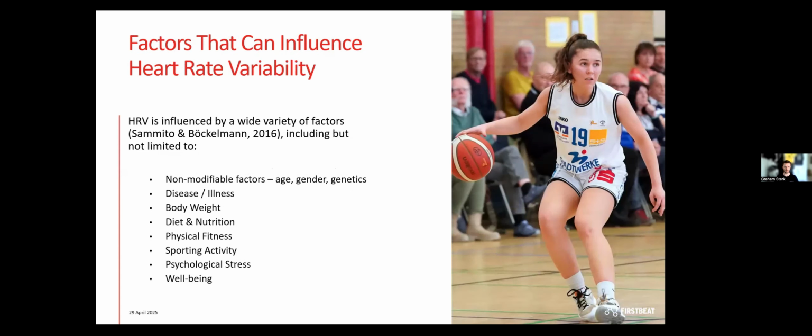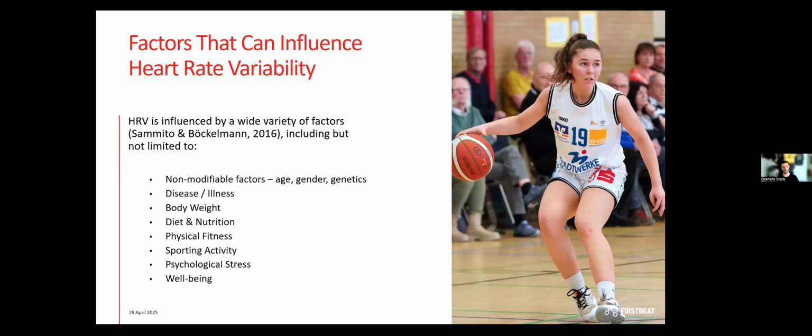As I've already touched upon on the previous slide, there are a lot of factors that can influence heart rate variability, and that's sometimes what makes it seem a bit daunting to use, because it isn't just the physical activity side. It is influenced by an individual's genetics, and also what else they're doing in their environment: any disease or illness, what they're eating, how well they're sleeping, their general psychological well-being and stress.